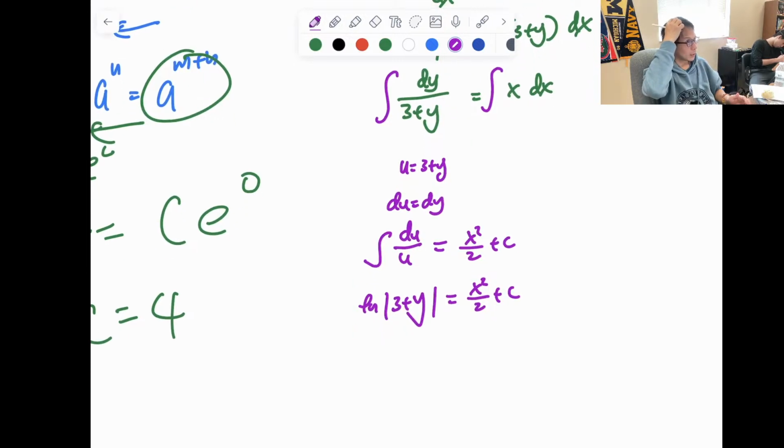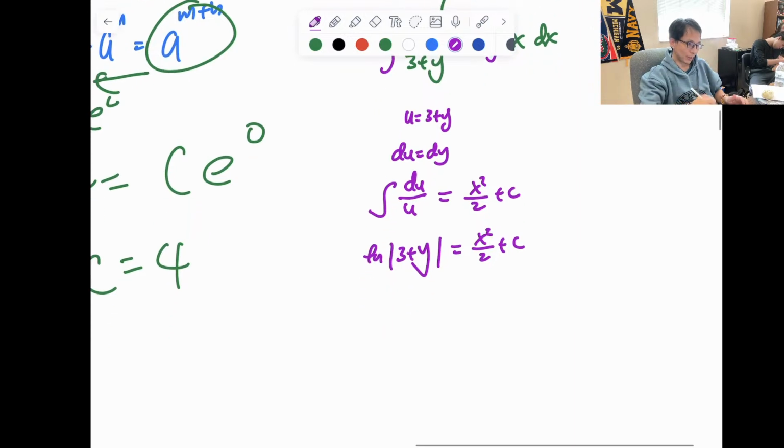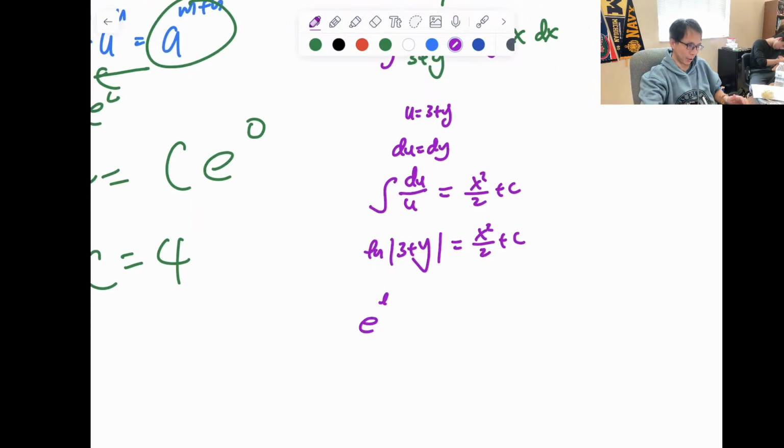How do I get rid of natural log? It's e to the ln, not e times ln. There's a difference. Because e to the ln, that is one of the properties that you should know, is equal to e to the x squared over 2 plus c.